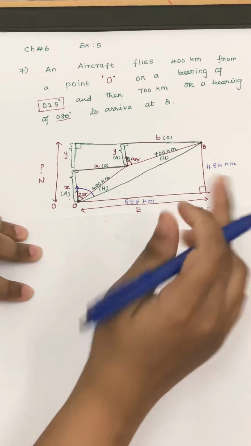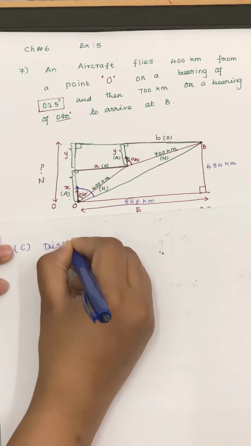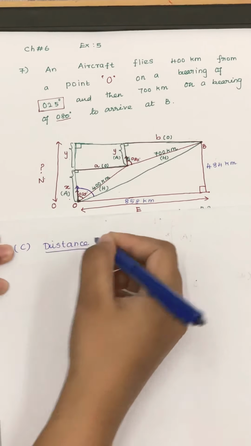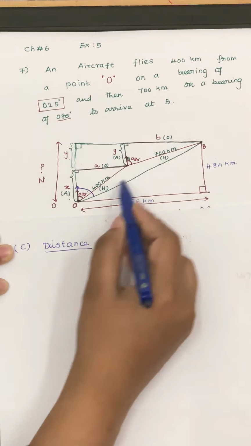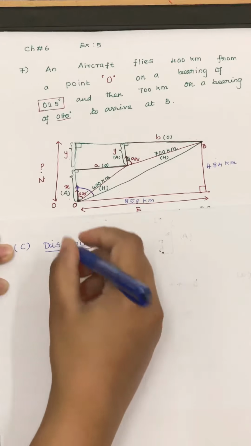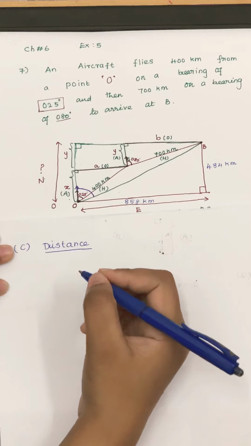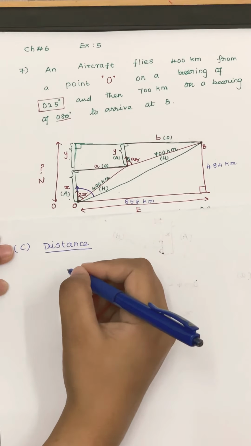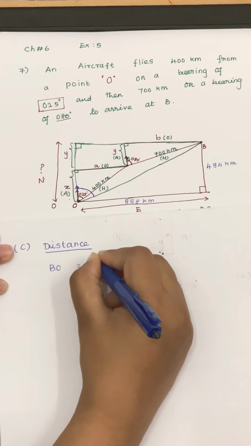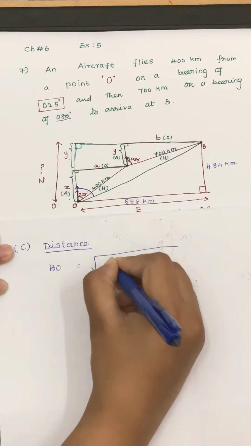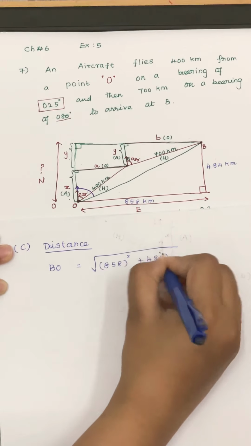So for part C, first I'm going to find my distance. How do you find the distance? Using Pythagoras theorem, since this is a right angle triangle. We have to find the OB distance, or B from O. The distance is the same thing; the distance will not change, right? So BO equals, what is the Pythagoras theorem formula? 858 squared plus 484 squared.